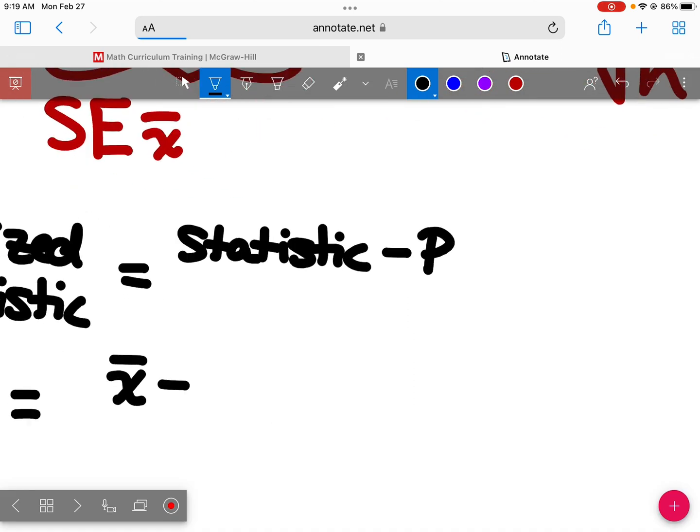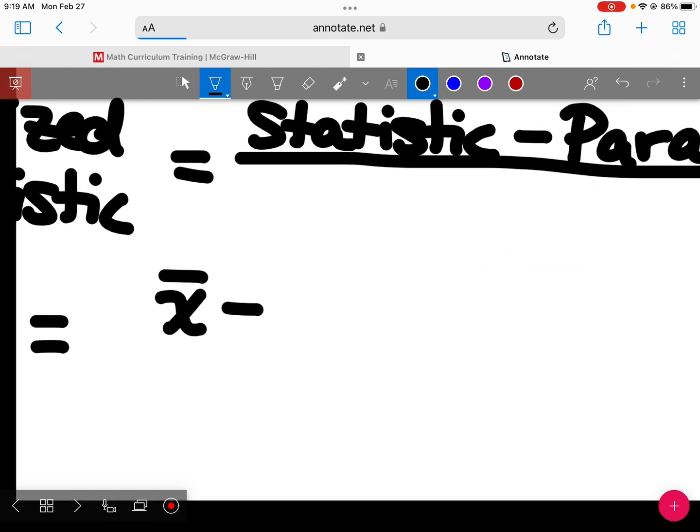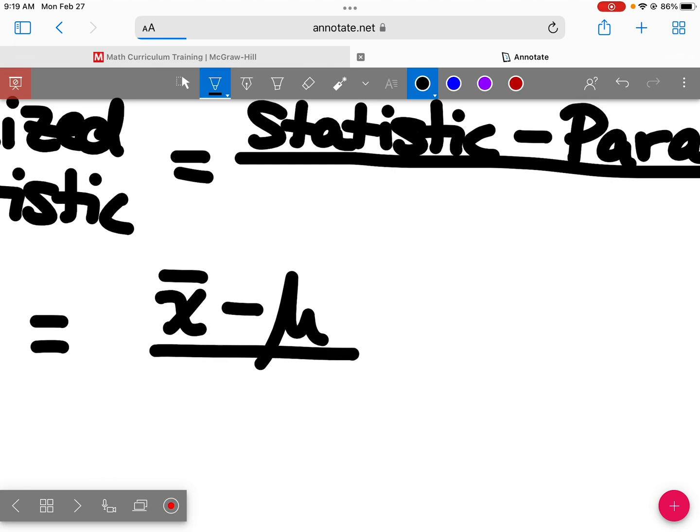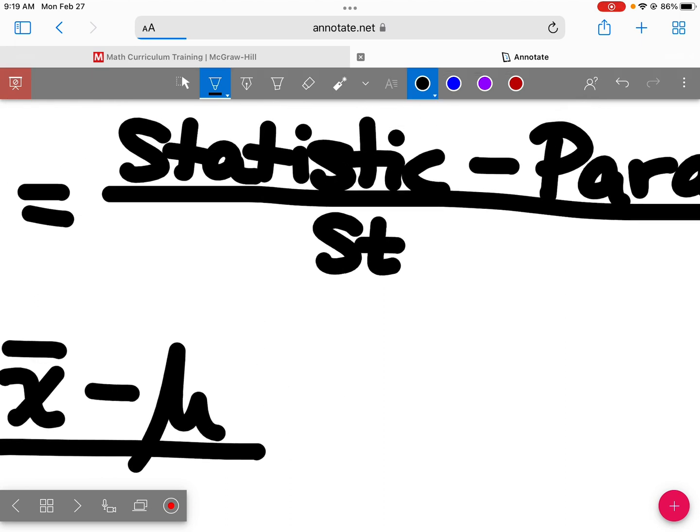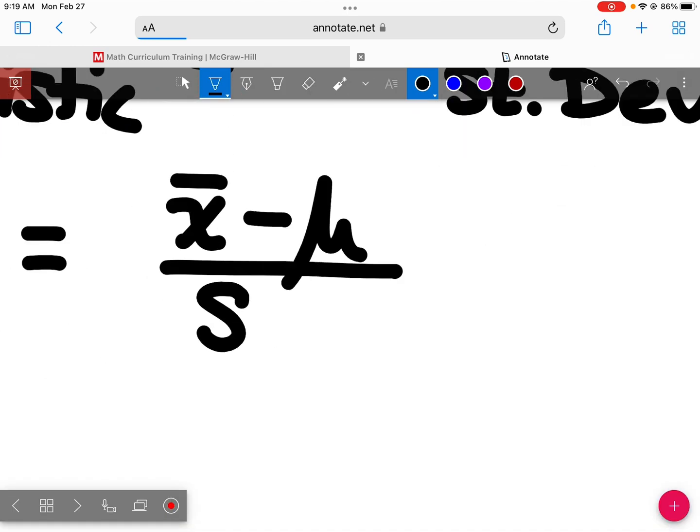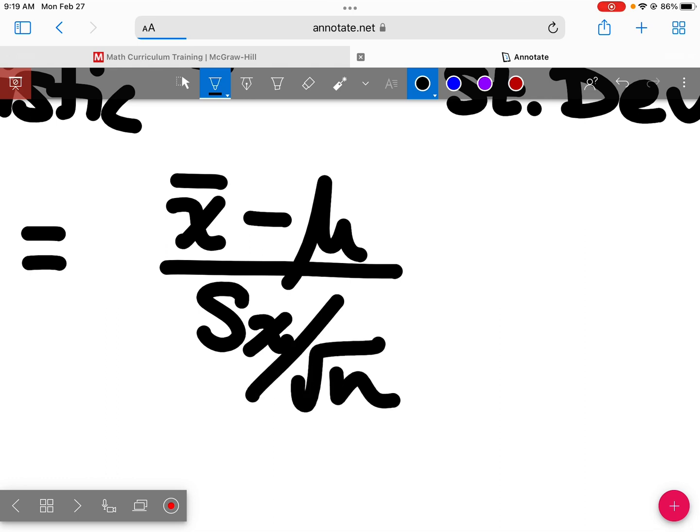Minus the parameter. What is our parameter called here? Mu. Over the standard deviation. So this is going to be Sx divided by square root of n.